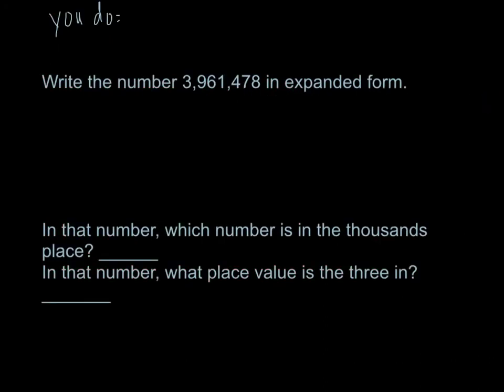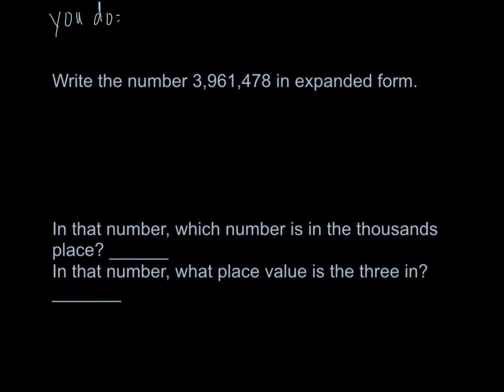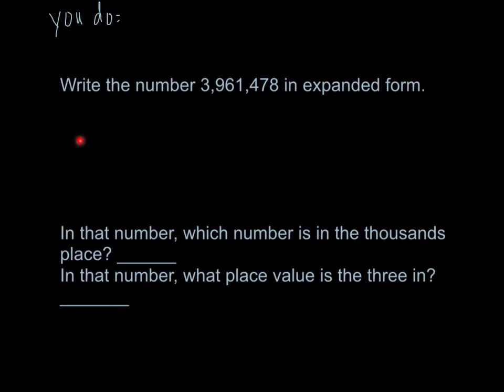And now it's your turn to do the you do. You're going to need to copy all of this down again. Oopsie, I'm moving everything everywhere. Copy all of this down. I know it's a lot of writing on this lesson, but copy all of this down. And then push the pause button so that you have enough time to write it all down, and leave it paused until you answer these questions.